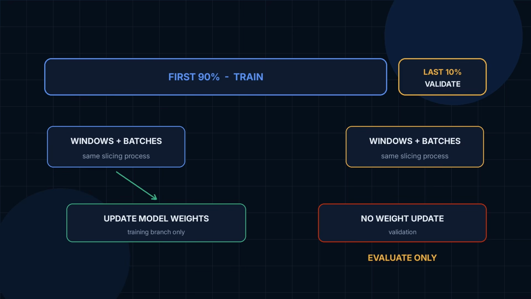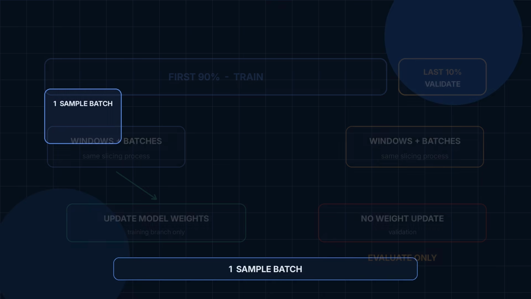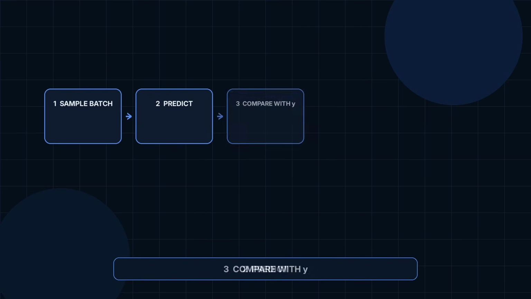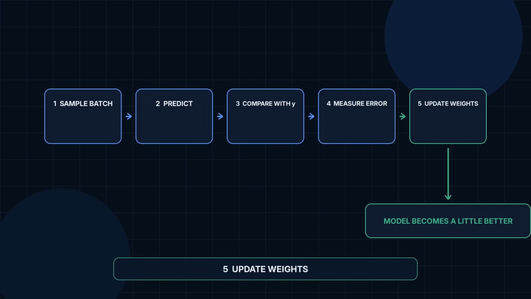Let's zoom out and watch one full training step happen. The model receives a batch of 32 windows where each is 128 tokens long, and for every position in every window, it tries to predict the next token. It checks those predictions against the targets it has in Y, and it uses what it got wrong to update itself and become a little bit better at the task with each iteration.